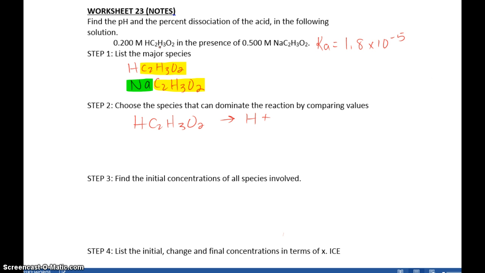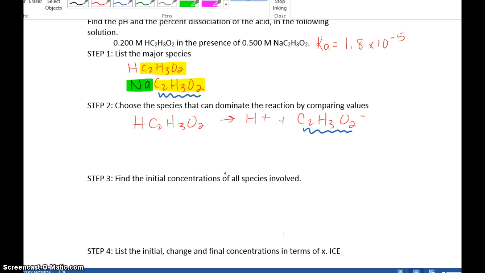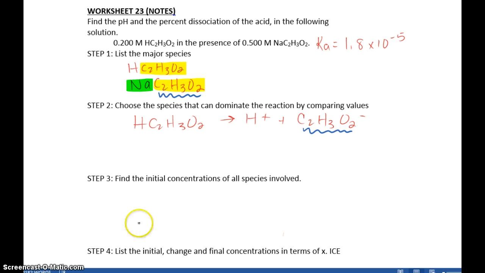So we know that our NH3 is going to dominate, but let's remember that when we have NH3, we need to add H2O and form NH4 plus and OH minus. Remember that H2O is a liquid. It's not going to be a part of our problem, and that will end up with an initial concentration here of 0.30 molar.